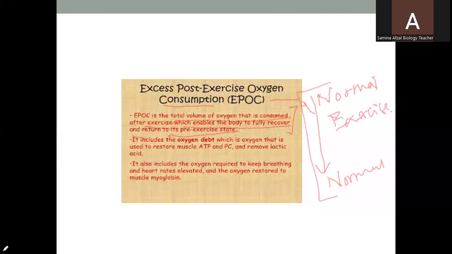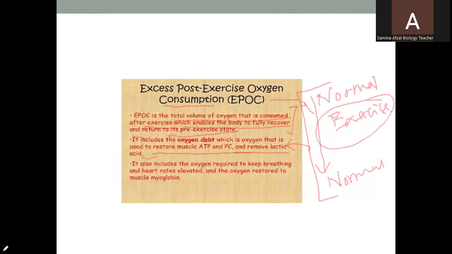Energy, oxygen is needed. And the oxygen which we use for this purpose also includes the oxygen debt. And oxygen debt is the oxygen that is used to restore muscle ATP and PCr, and to remove lactic acid from the body. Lactic acid which is deposited during this exercise should be removed.